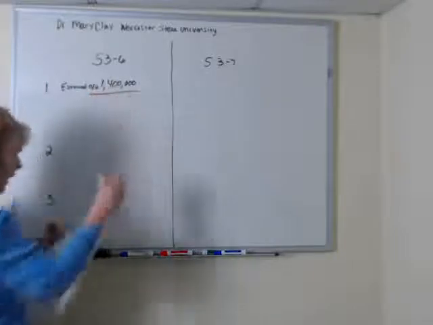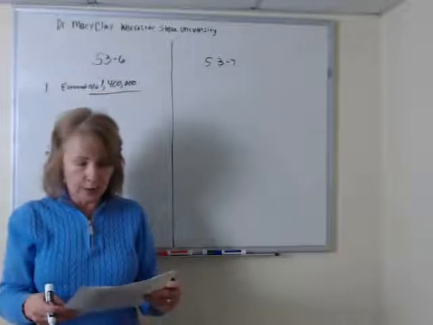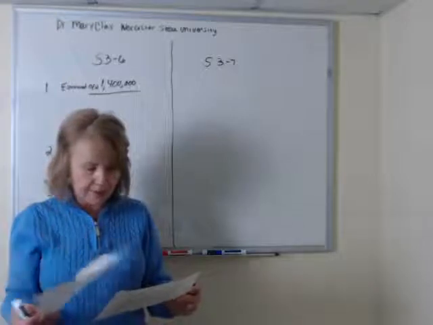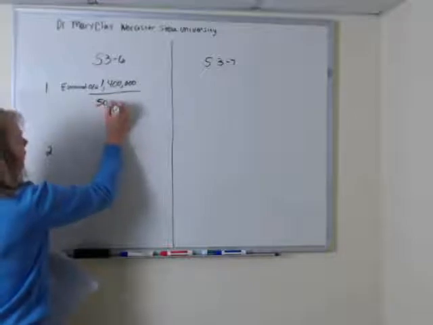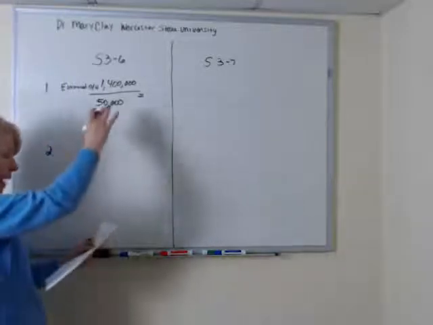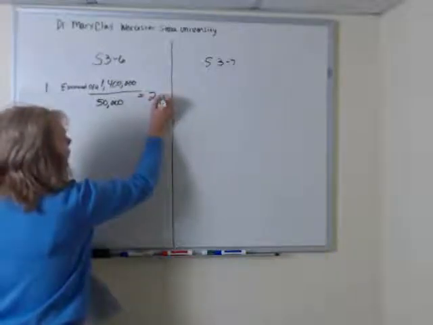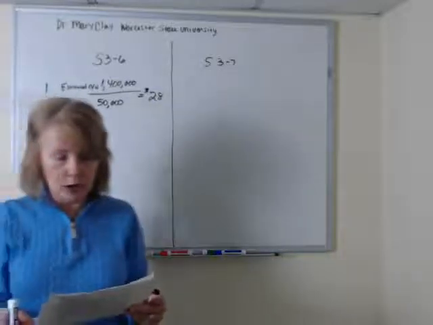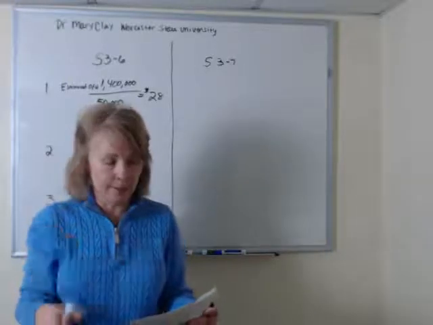Your denominator, in this case, is direct labor hours, which the problem estimated at 50,000 total direct labor hours. So basic math, you take 1,400,000, divide it by 50,000, and that gives you $28 per direct labor hour for the predetermined overhead rate. Now remember, this is just an estimate right now.